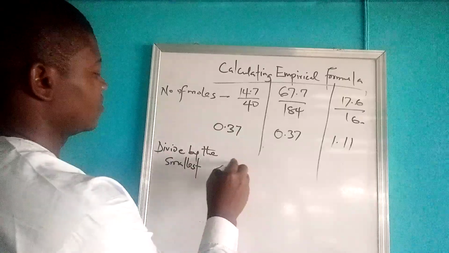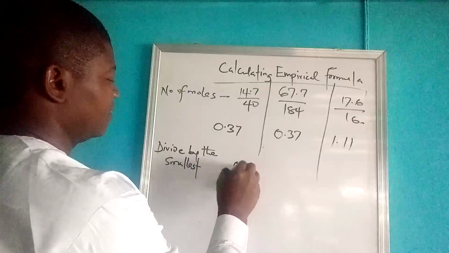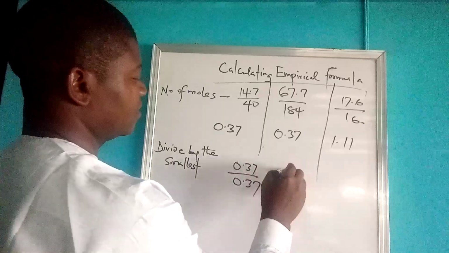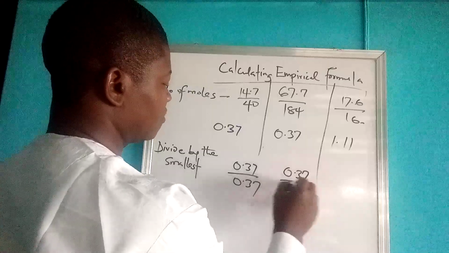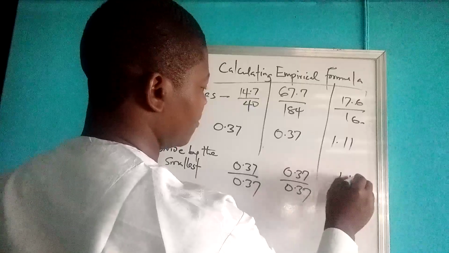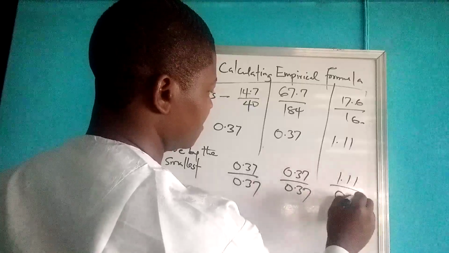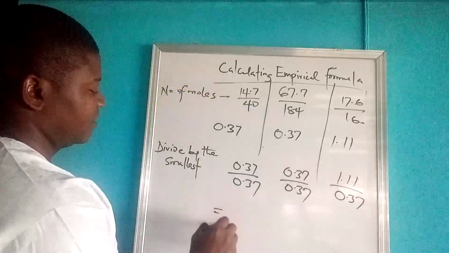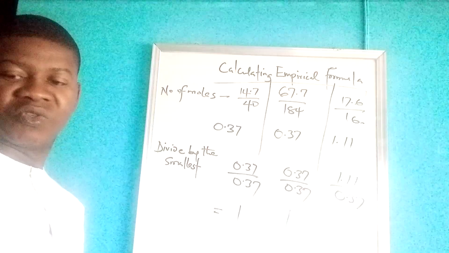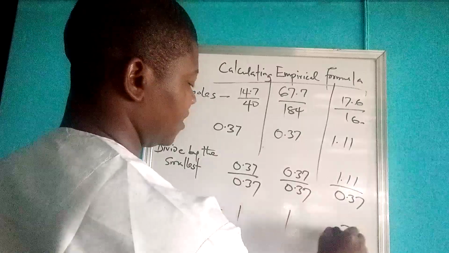So when we divide by the smallest, we have 0.37 divided by 0.37. For tungsten, we also have that. And for oxygen, we have 1.11 divided by 0.37. So definitely this is going to give us 1, and this one is going to give us 3.